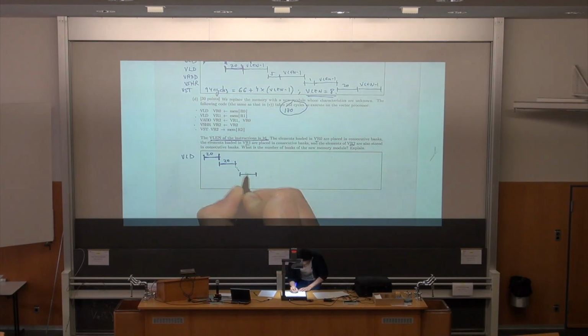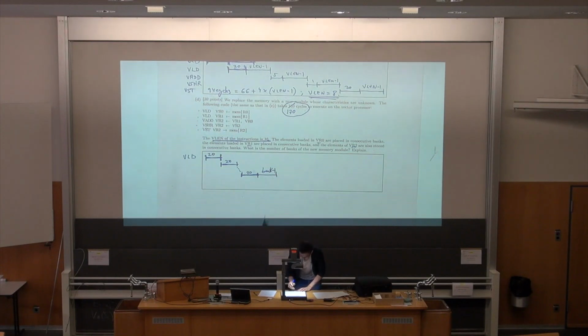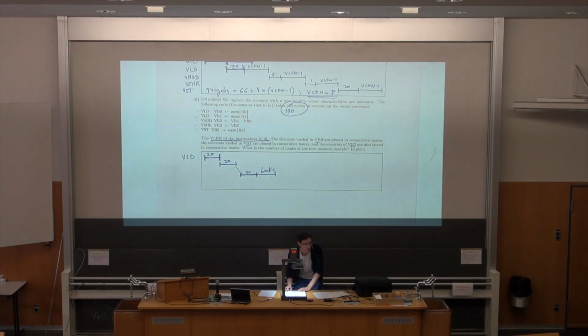So this would be again 20. And when we finish with the first bank, with bank 0, we will still have to wait for as many cycles as the remaining number of banks. So that's why we will have to wait here for banks minus 1, right?